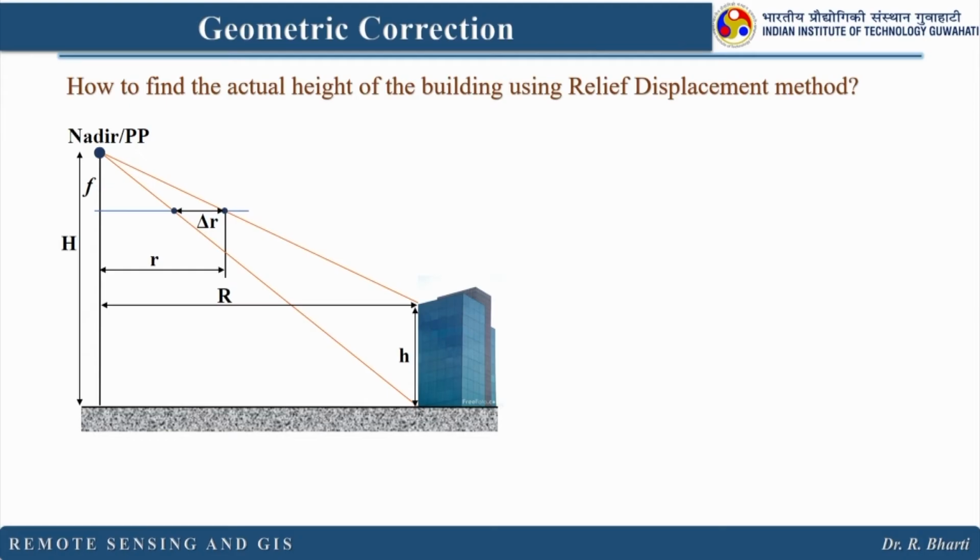So, based on this fundamental, can we find the actual height of the building using this relief displacement method? Because as I told you, errors can be considered in a positive manner and also in a negative manner. When you have off nadir pixels or off nadir images, the sensor has used some angle to generate that image. So, those images can be used to calculate the height of the building, right.